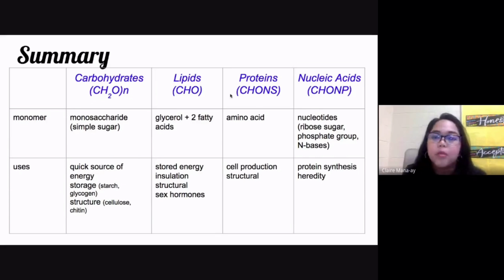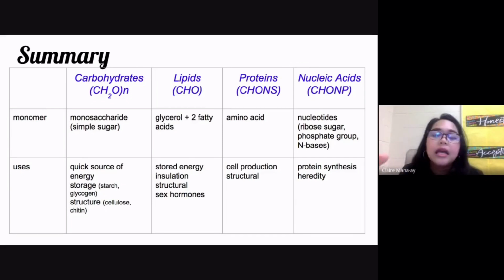Now, the third type of biomolecule that we have would be your proteins. Now, aside from carbon, hydrogen, and oxygen here, you also have nitrogen, very important, and sulfur. The monomers for this would be your amino acid. We've talked about the different types of amino acid, essential and non-essential.